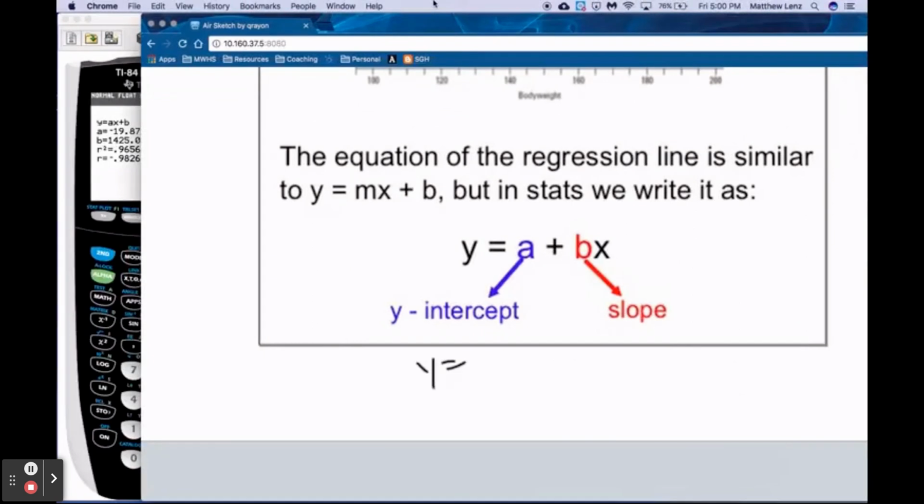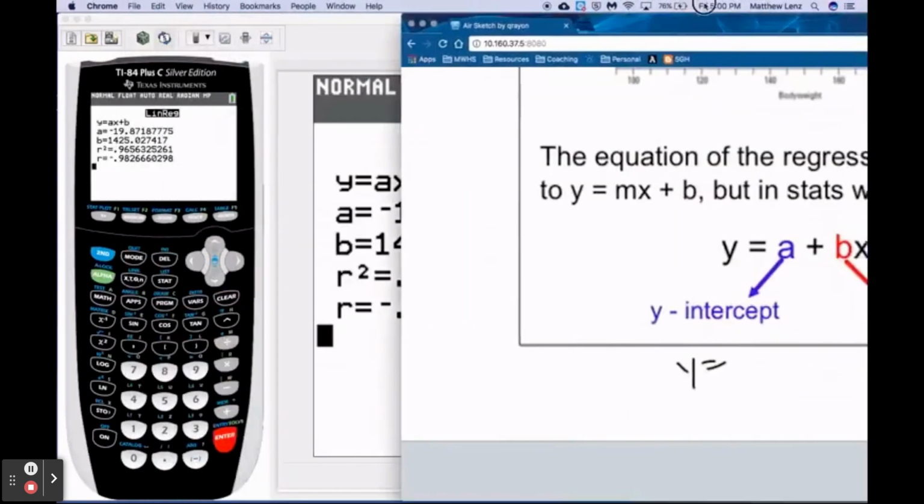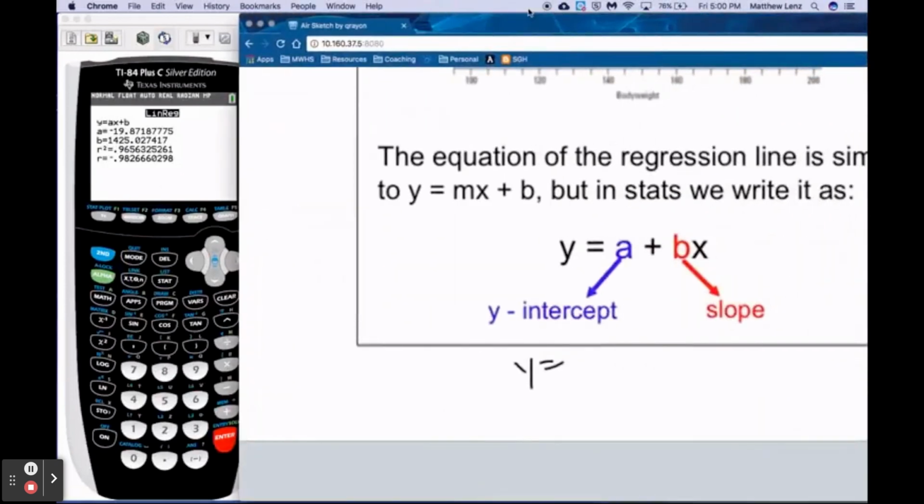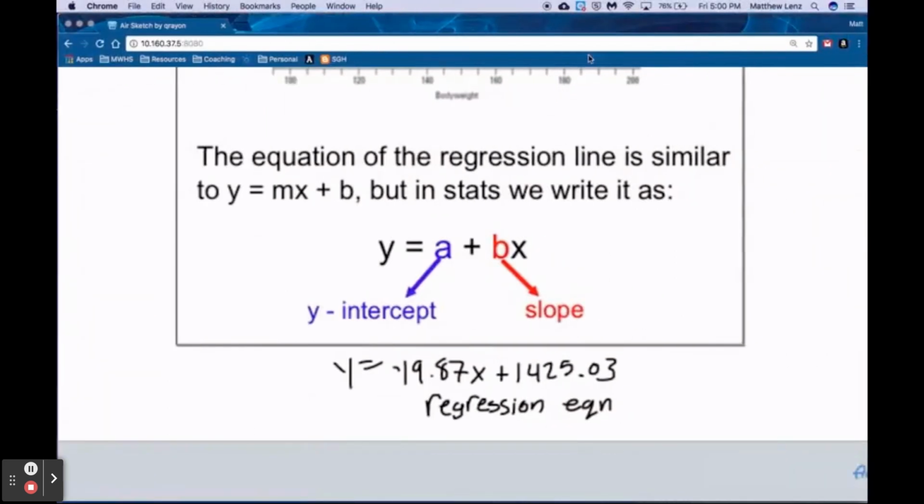The equation my calculator gave me is y equals negative 19.87, rounded a little bit, and that was my slope, so that's my x. And then it gave me positive 1,425.027, so we'll call that 1,425.03. This is what we call my regression equation: negative 19.87x plus 1,425.03.